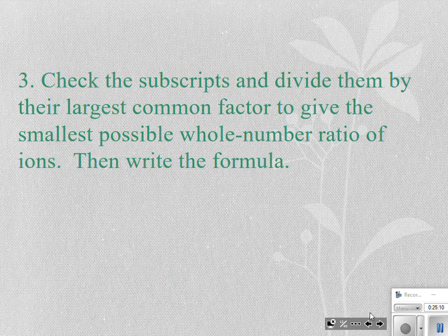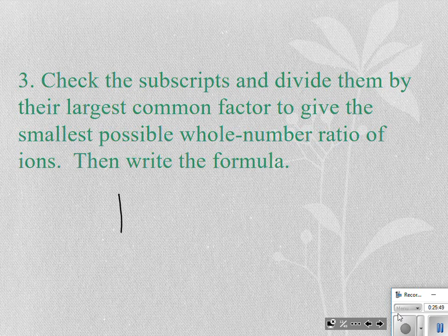Now, here is why the crossover method is not 100% foolproof. This is why the crossover method is not always foolproof, because I could have crossed them over and not have the smallest whole number ratio. The simplest way to show you this is by actually doing one.